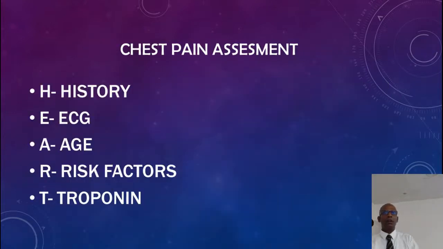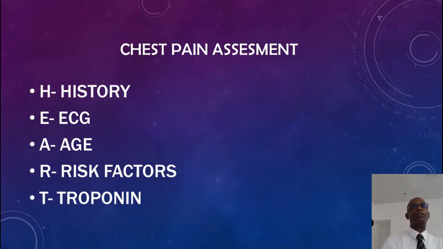So as we all know, when a patient presents with chest pain, we are not approaching with only one component. It's a collective of components we are assessing the patient with. So the HEART classification includes all these components.